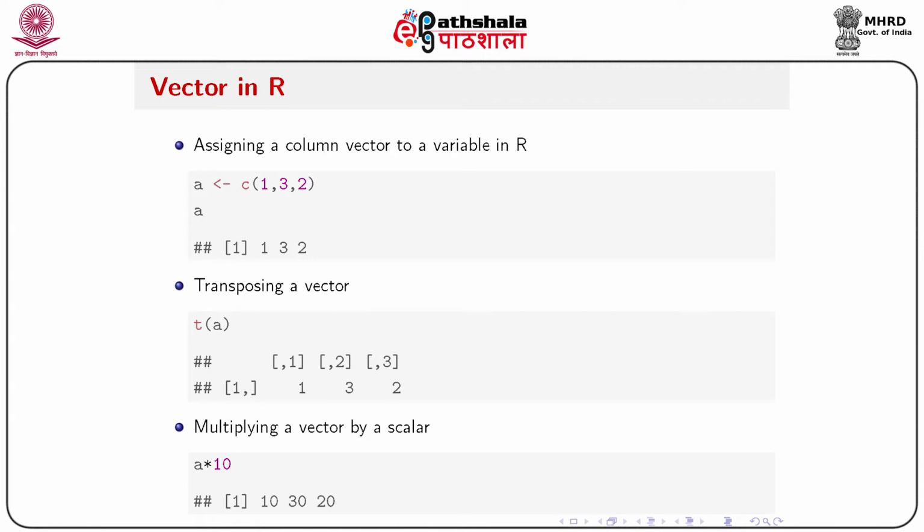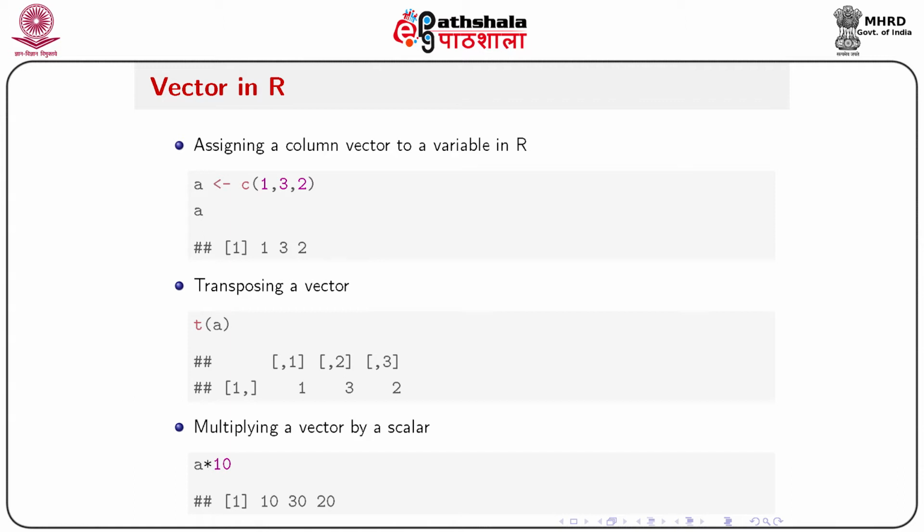That is, A equals c(1, 3, 2). And if you want to display it, just write A, then you will see how it displays. And for transposing a vector, t is the function for transposing a vector or matrix. So you can pass the vector within the t function, and you will get the transpose of the vector the way it's shown here.